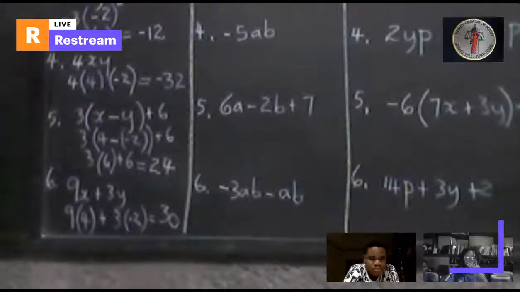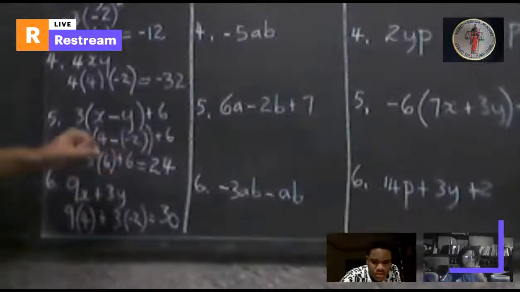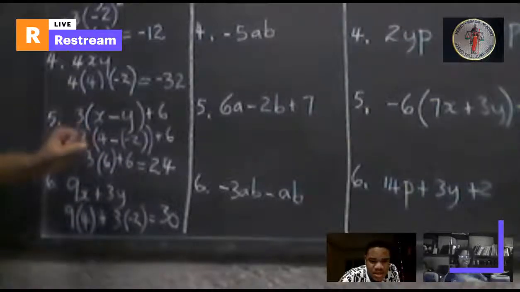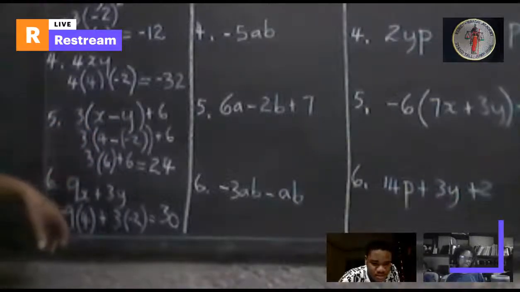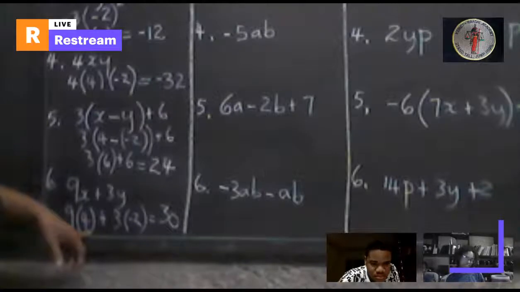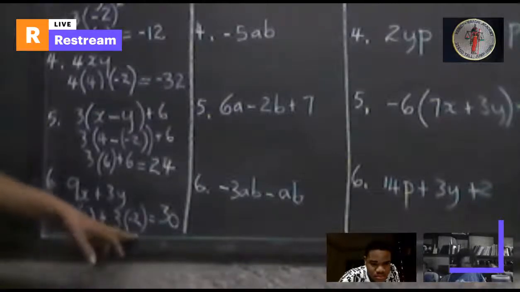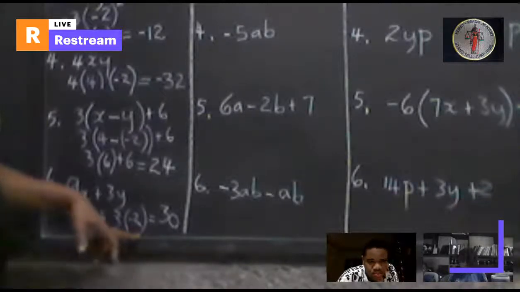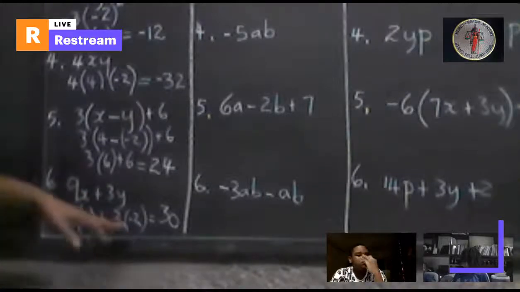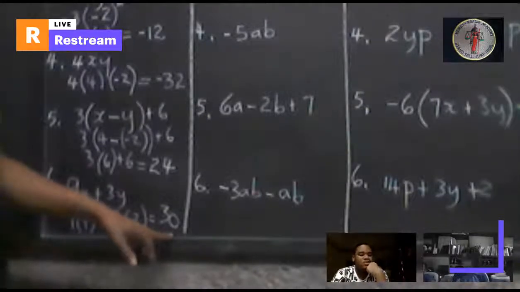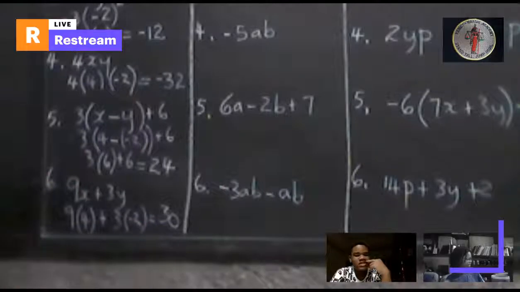Are there any questions for this first batch? 9 times 4, right? 9 fours is 36. 3 times negative 2 is negative 6. 36 minus 6 gives 30. Oh, yeah, miss. I thought you said plus. Sorry.